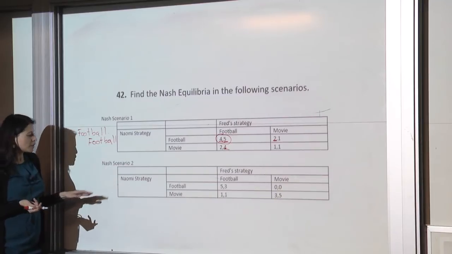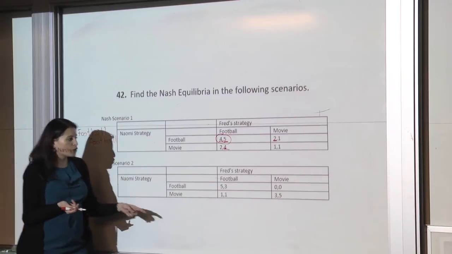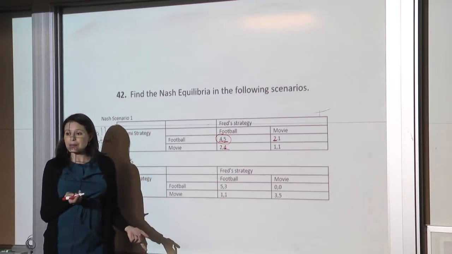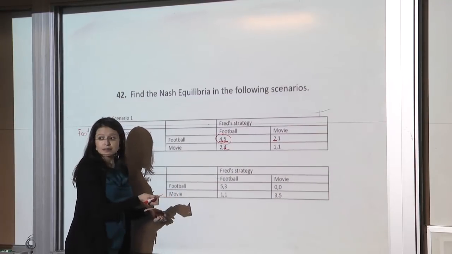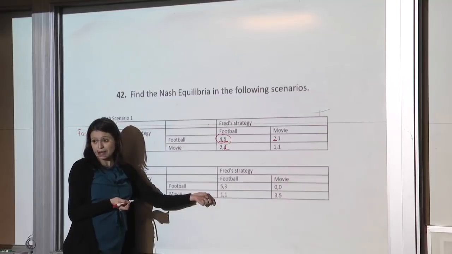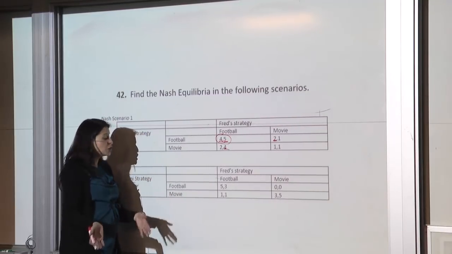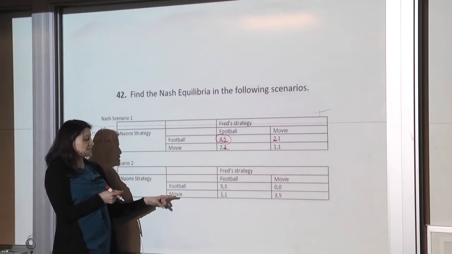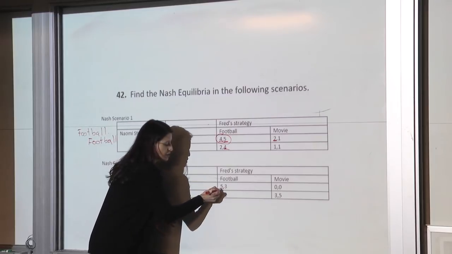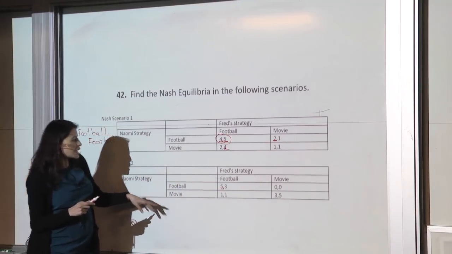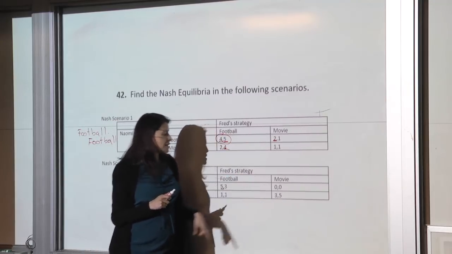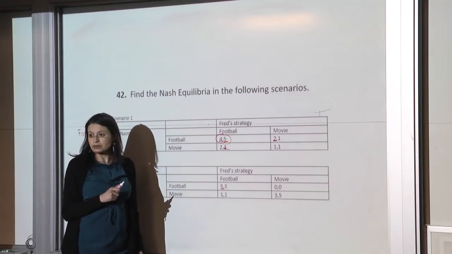Now, another example. From Naomi's point of view, if Fred chooses football, what is the best thing that she can do? Football, because 5 is higher than 1, okay? The payoff of choosing this strategy is higher than the payoff of choosing this strategy, football. Now, if Fred chooses movie, what is the best thing that she can do?